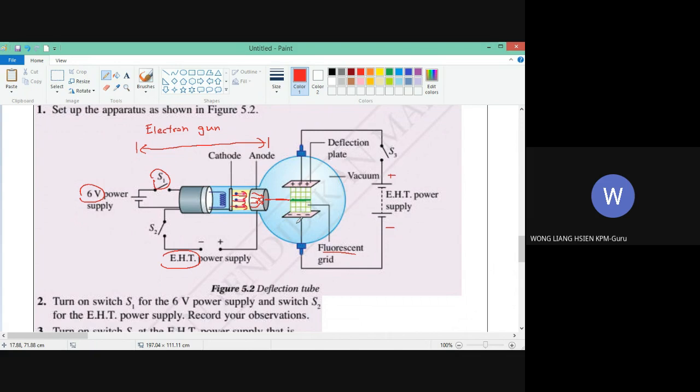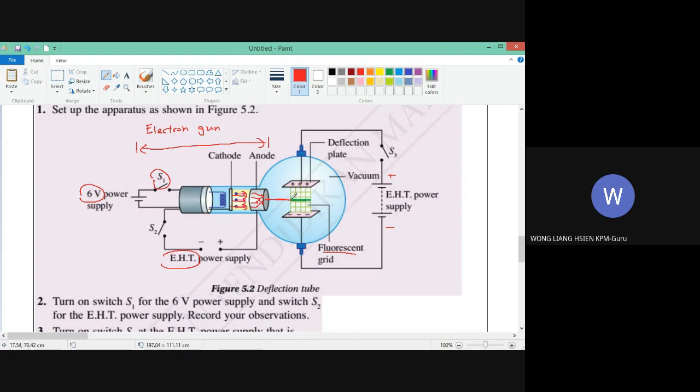So if we think logically, we can already guess what will happen. This cathode ray is made from electrons, right? Electrons are negatively charged. So the electron beam will be repelled by the negative plate and attracted by the positive plate.